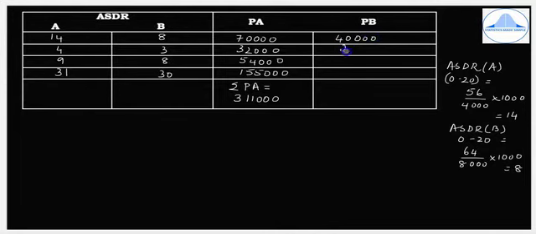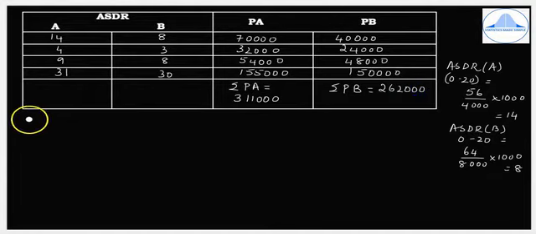Similarly, next you will get 24,000, then 48,000, 1,50,000. Then calculate summation PB, add up these values, you'll get 2,62,000.